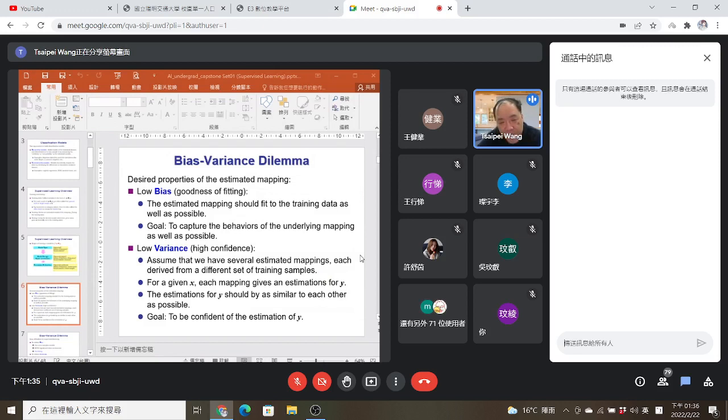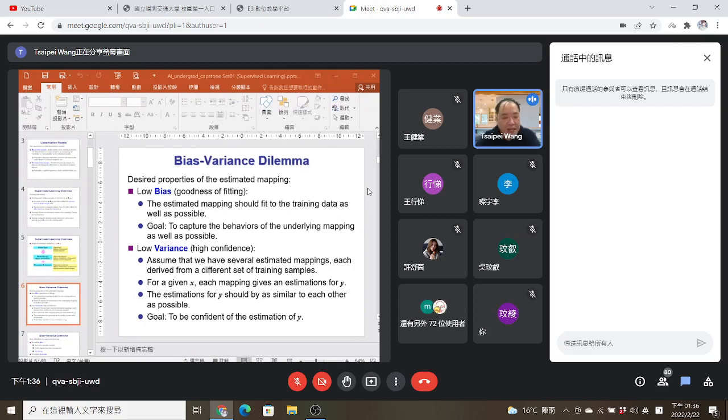Now, we want to get to the topic related to generalization, and we want to introduce the idea of bias variance dilemma. This dilemma is a dilemma in supervised learning. That means how much you want your training data to fit or to precisely reproduce the expected or the target output.